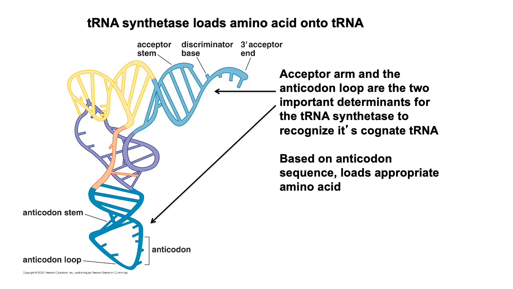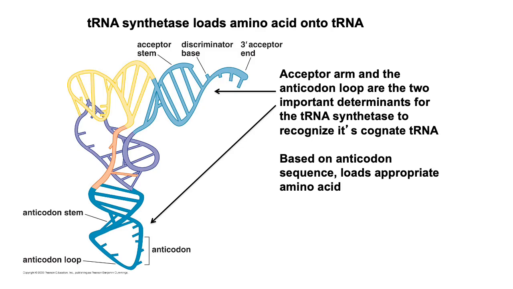Now, in the slide describing who the players were, I mentioned acyl tRNA synthetases. That's a class of proteins, and their whole job is to bind a tRNA, recognize the anticodon sequence, and based on that sequence, attach the correct amino acid to the 3' acceptor, that adenine at the 3' end.